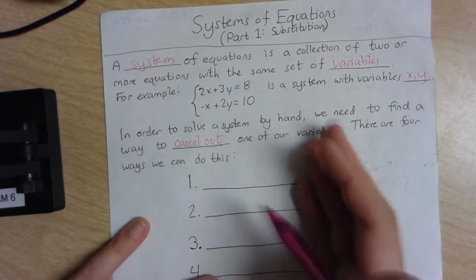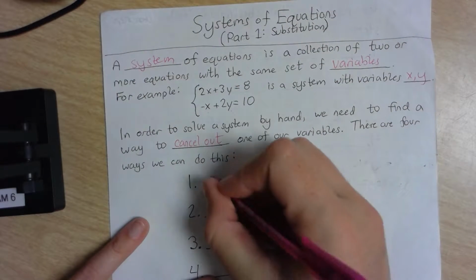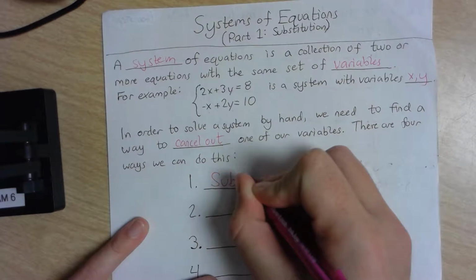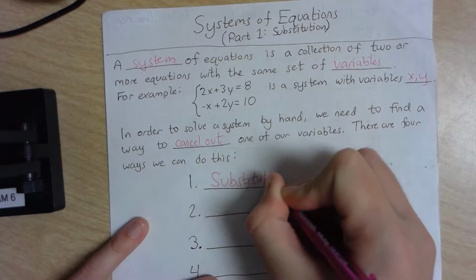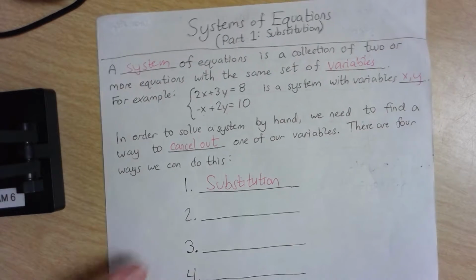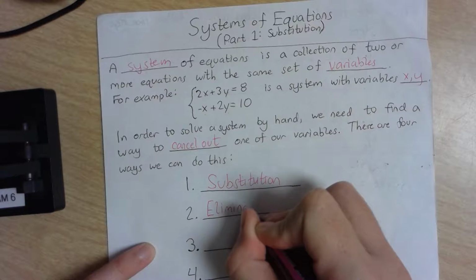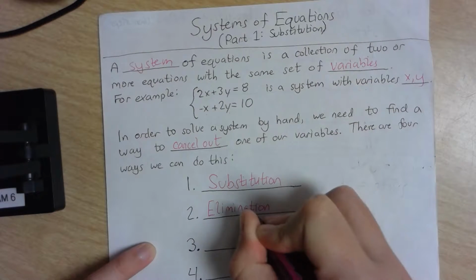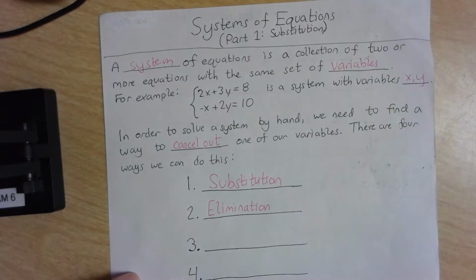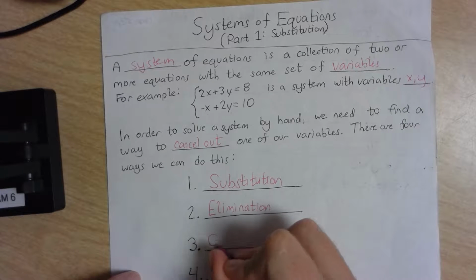Alright, there's 4 ways to do this. Part 1, substitution. So that is what we'll be going over. The second one is elimination. Those two might be familiar to you. The third one is graphing.